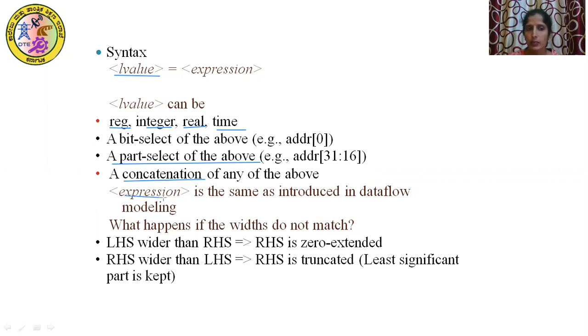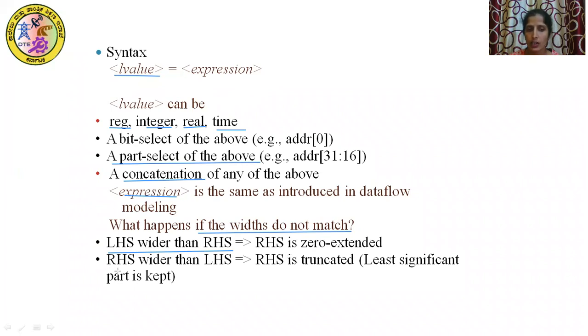Coming to the expression part on the right hand side of the procedural assignment, it is the same as we have come to know in data flow modeling. The expression can be of any kind. So what will happen if the widths do not match? If the LHS is wider than the RHS, then the RHS is zero extended.